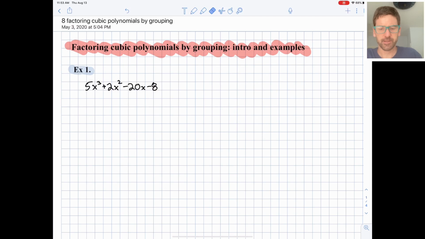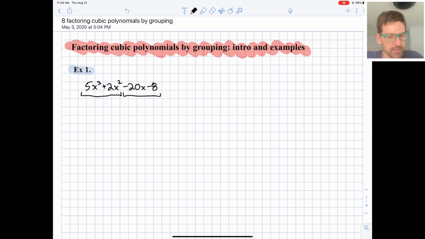All right, so for this first one, we are really going to follow the grouping method that we introduced back in an earlier video when we were just factoring quadratic trinomials. And we're going to split the polynomial into two pieces, factor out a GCF from each piece separately, and then hopefully the expression that remains is common to both halves, and we'll be able to rewrite the expression in factored form.